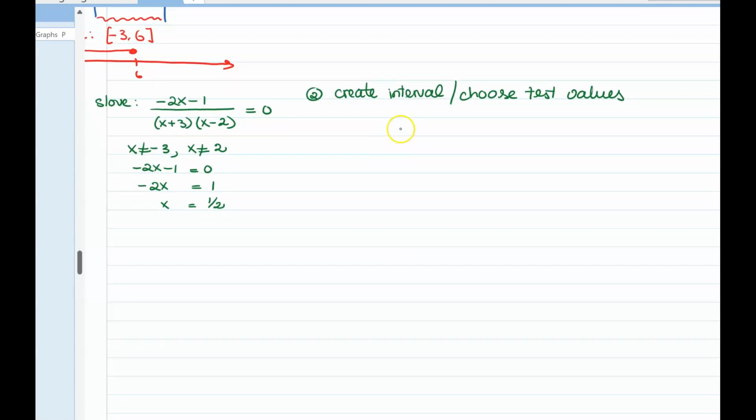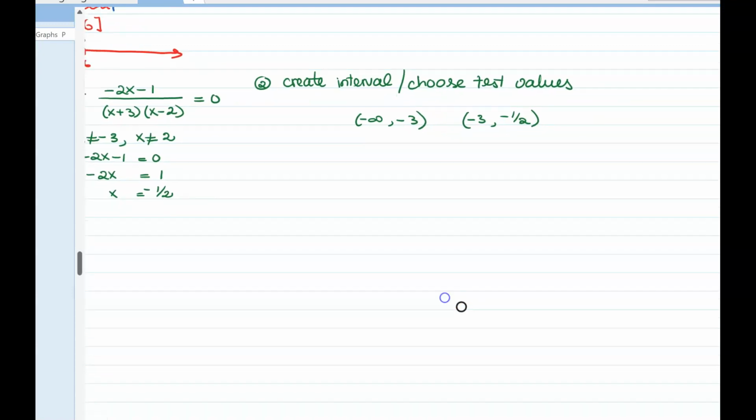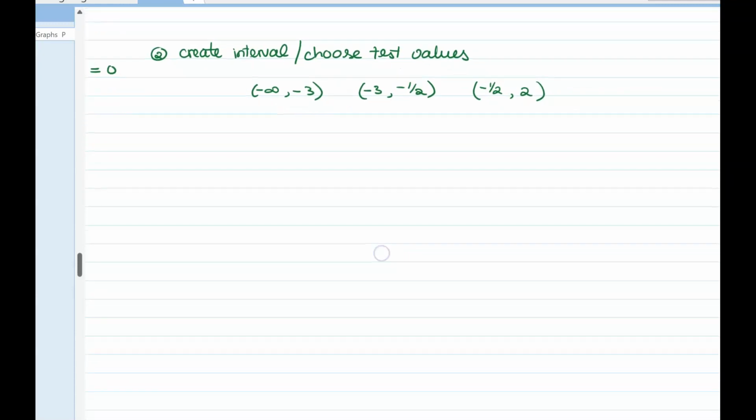So the intervals that we're looking at are from negative infinity to negative 3, from negative 3 to negative a half, and from negative a half to 2, last one, to infinity.